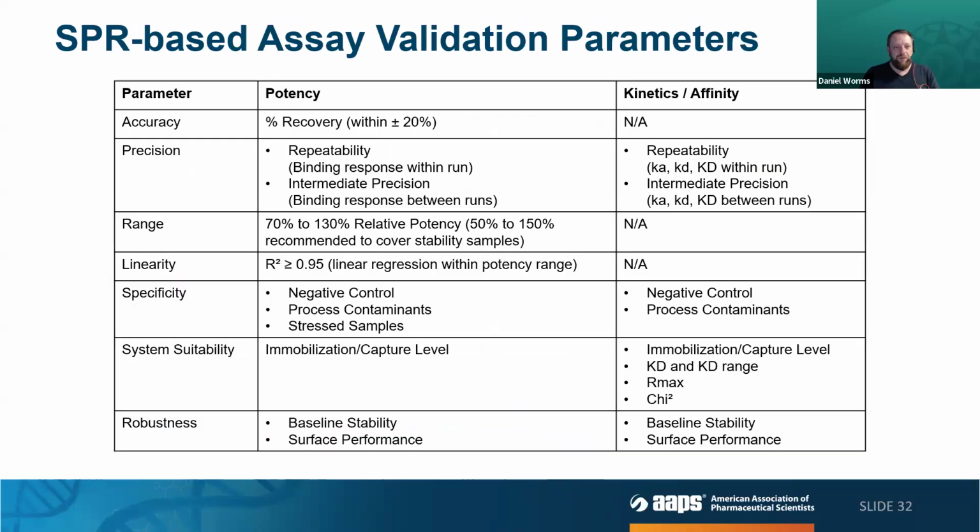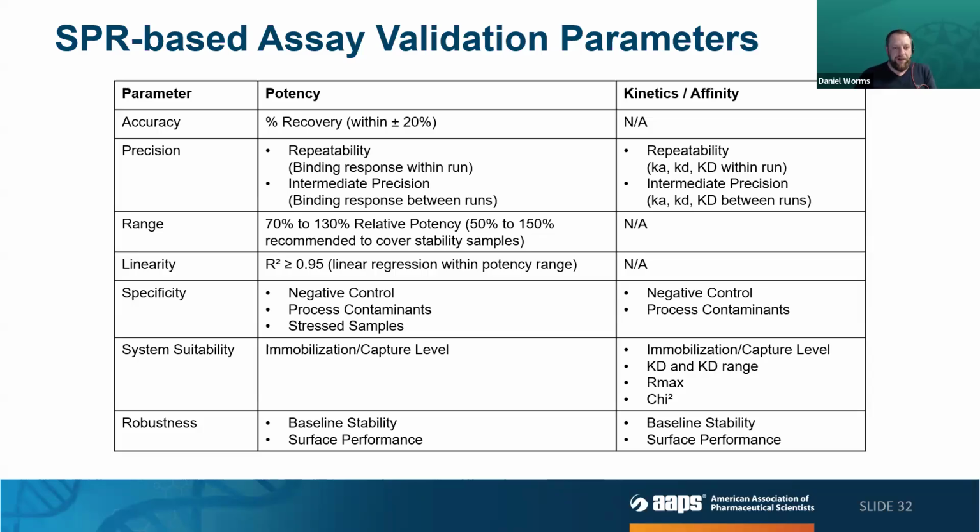Then finally, I would like to give you a brief overview of the validation parameters that need to be assessed in potency and kinetics affinity. I would like to highlight a little bit the similarities, but also the differences and some parameters that are specific to surface plasmon resonance.